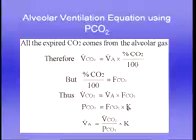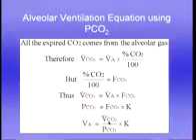We don't need to worry too much about this constant K. But this allows us to insert PCO2 over K instead of the fractional concentration, and that gives us the final equation, which is called the alveolar ventilation equation.